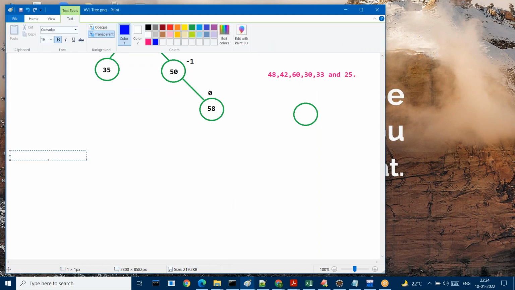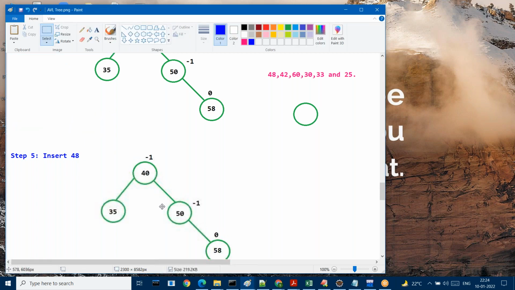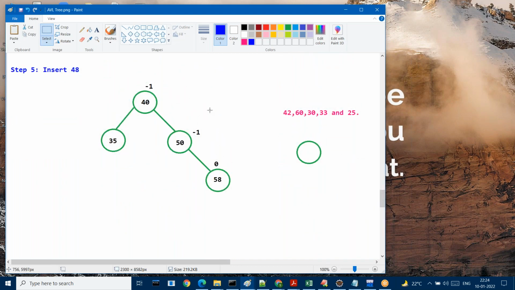Step 5. Insert 48. Sir, where? This is your 48.